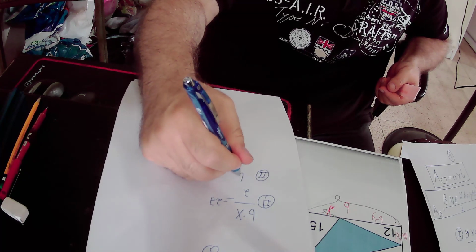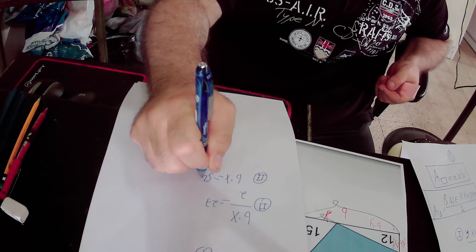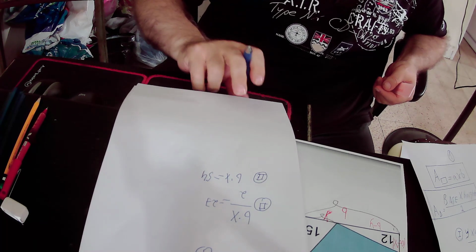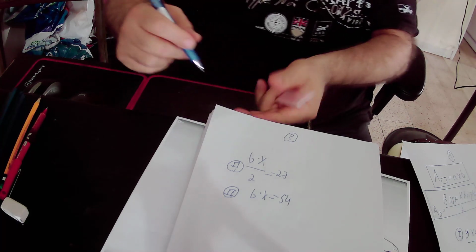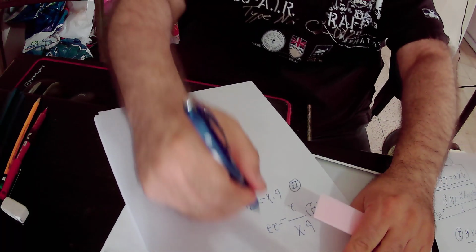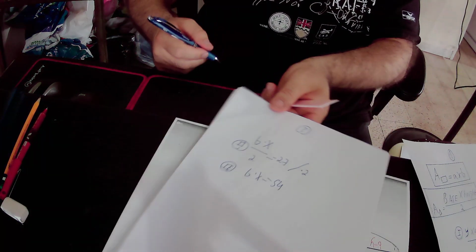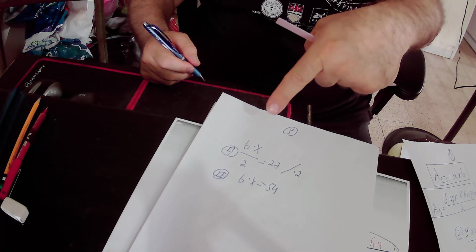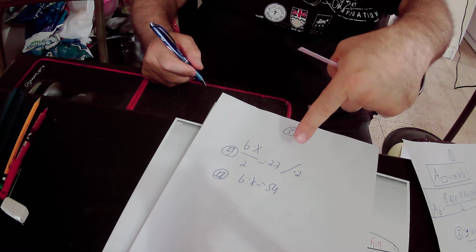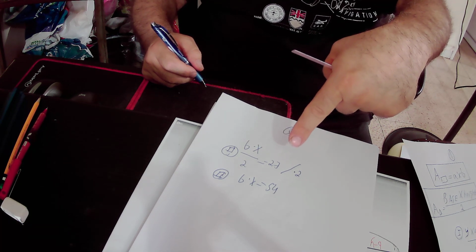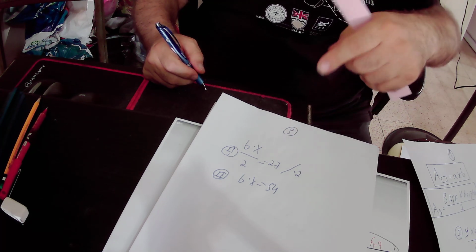We get b times x equals 54, because b times x divided by 2 times 2 is b times x, and 27 multiplied by 2 equals 54.